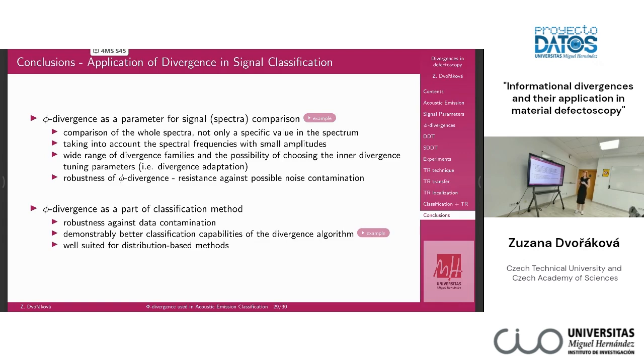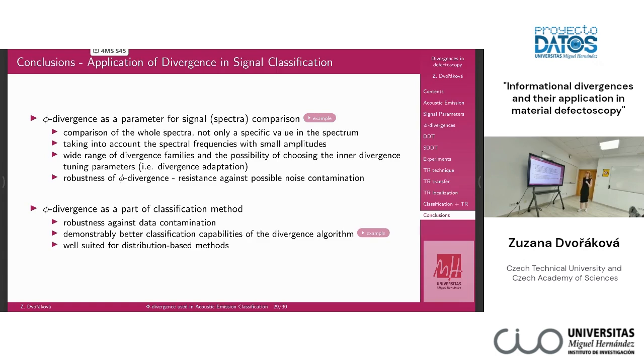And we have a wide range of divergence families, so we have a possibility to choose which divergence is good for the application, and we can also tune some parameters of phi divergence.